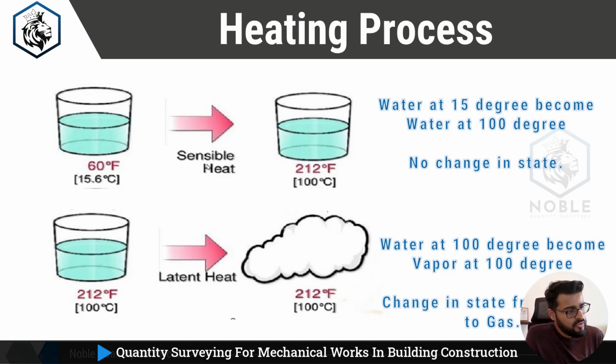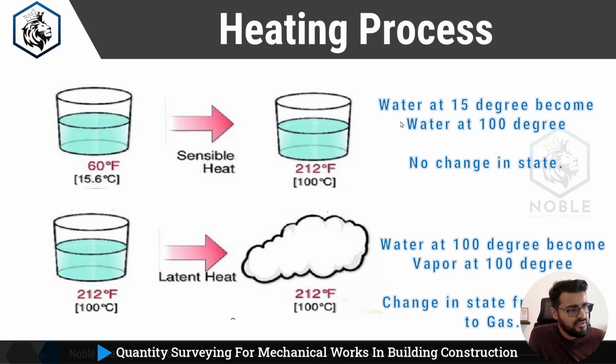When we put this vessel onto a stove and slowly start heating this water, the temperature will rise from 15 to maybe 30, 40, 50, up to 100 degrees Celsius. Then once it reaches 100 degrees Celsius, the water starts to boil.